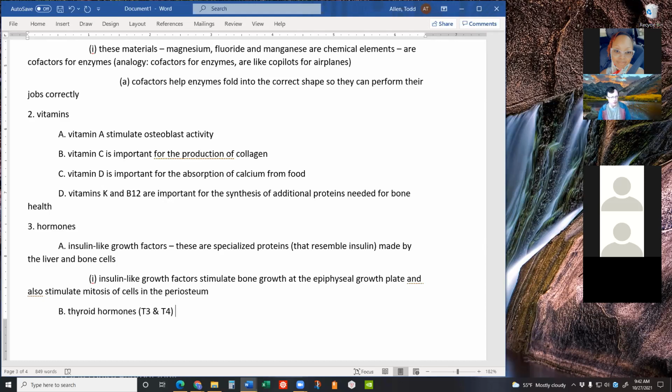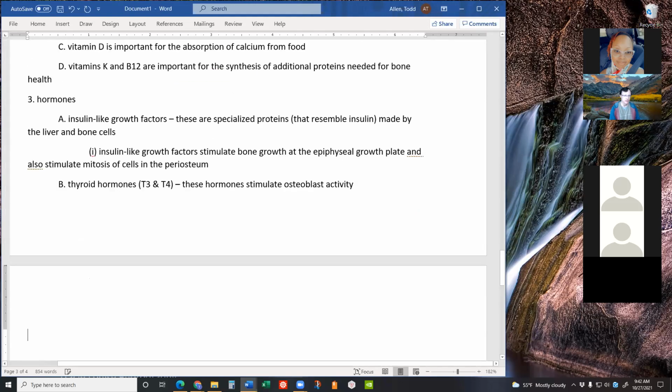These hormones from the thyroid gland promote bone growth by stimulating osteoblast activity. So T3 and T4 are going to support the bone deposition process.